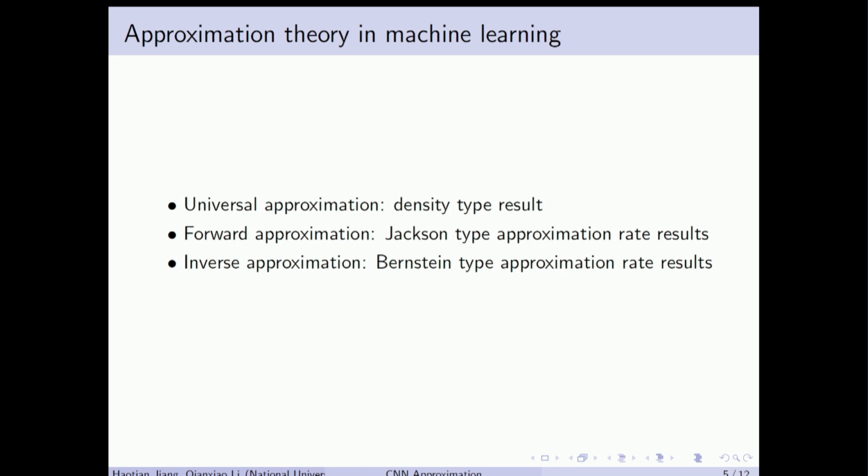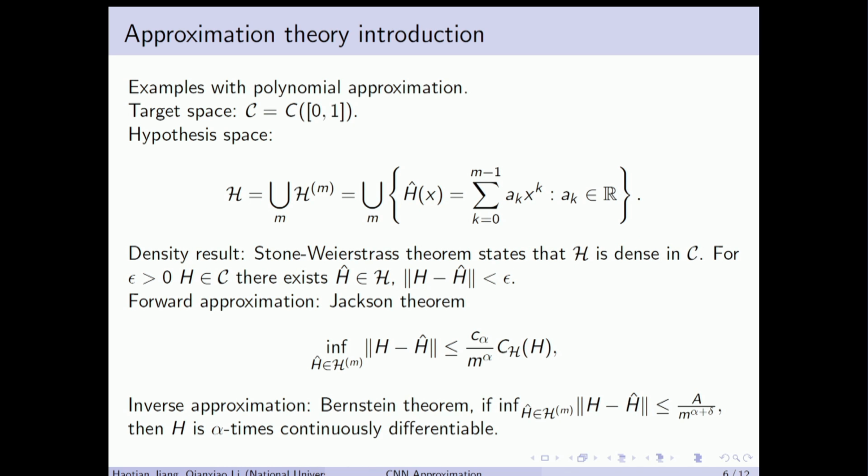For the forward approximation, we call it the Jackson type approximation rate, and for the inverse approximation, we call it the Bernstein approximation rate. This naming actually comes from the classic polynomial approximations. And next, I will use polynomial approximation as an example to introduce some of the terminologies here.